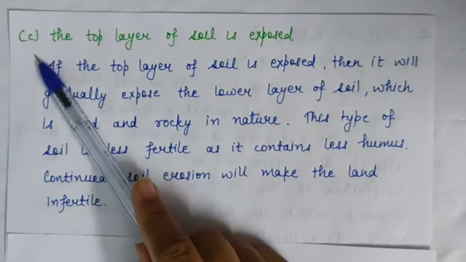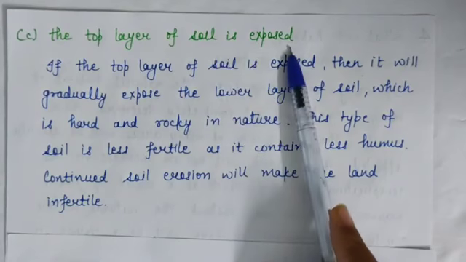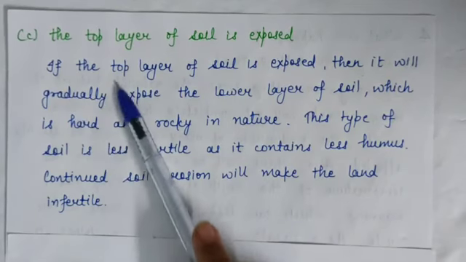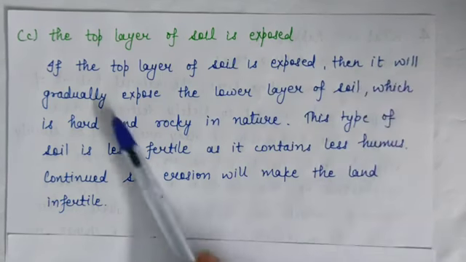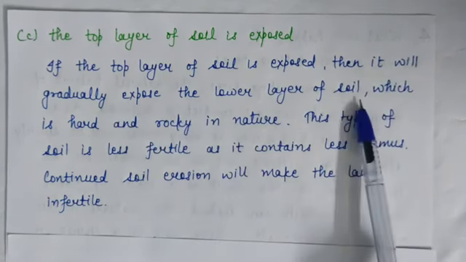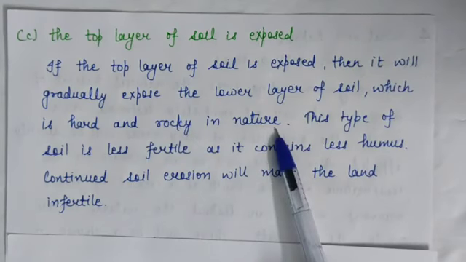Now C part is, what will happen if the top layer of soil is exposed? So the answer is, if the top layer of soil is exposed, then it will gradually expose the lower layer of soil, which is hard and rocky in nature.